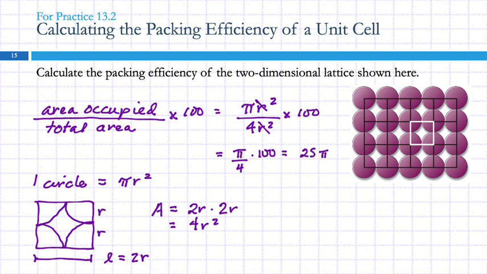Yeah, that's not so helpful. Okay, 25 times pi. There are a series of buttons you can push to get it to finish that for you. 78.5%. Any questions?